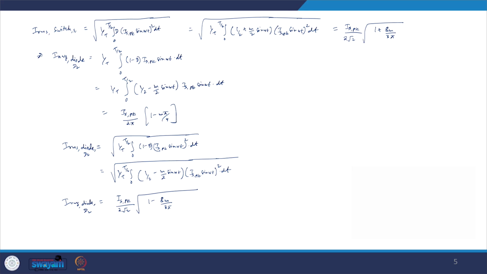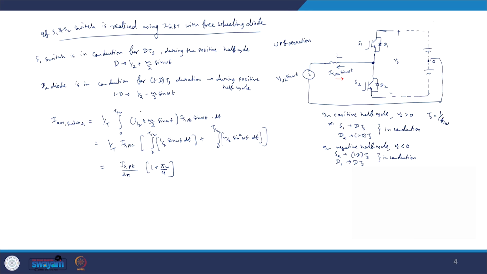So if we use the IGBT with a freewheeling diode, then the switch S1 has to be rated for this RMS value of current, and the diode D2 has to be rated for this value of RMS current. Similarly, the average current of the freewheeling diode D2 should be defined by this expression, and the average current through the IGBT S1 will be of this particular expression.